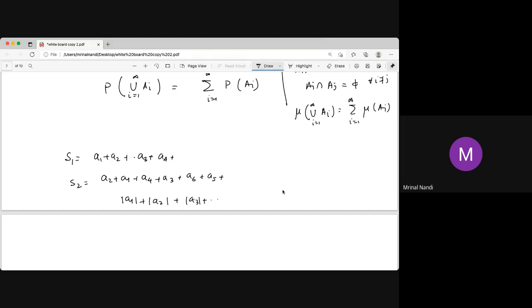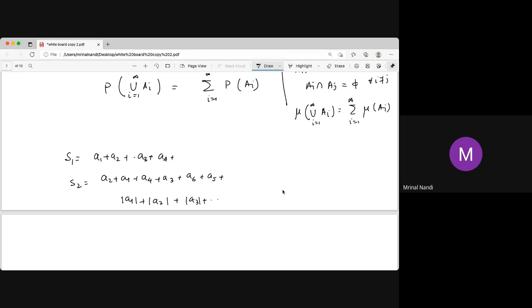If it converges, the series is called absolutely convergent. If the sum of the absolute values diverges but the series converges, it's called conditionally convergent. In real analysis we know this.